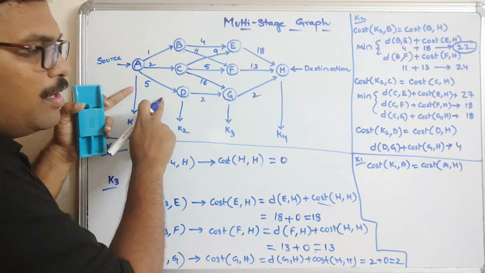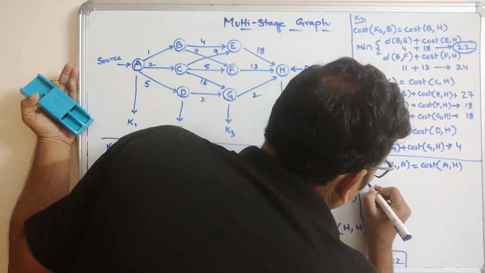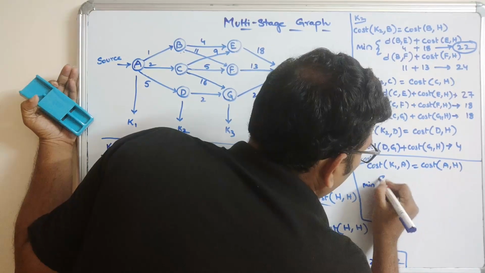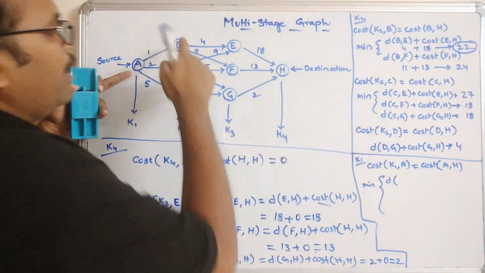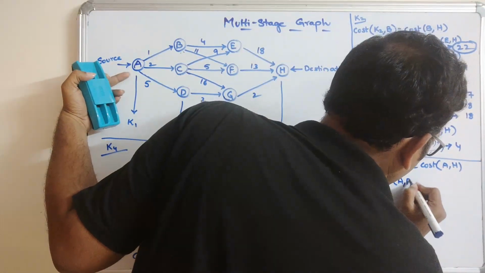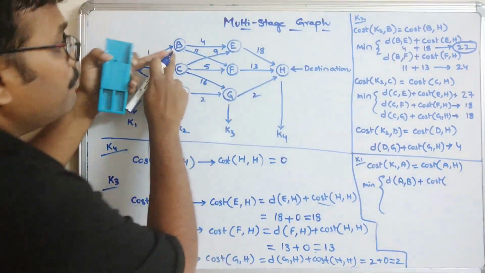So we have to find the minimum among these 3. So minimum of distance of A to B plus cost of B to H.